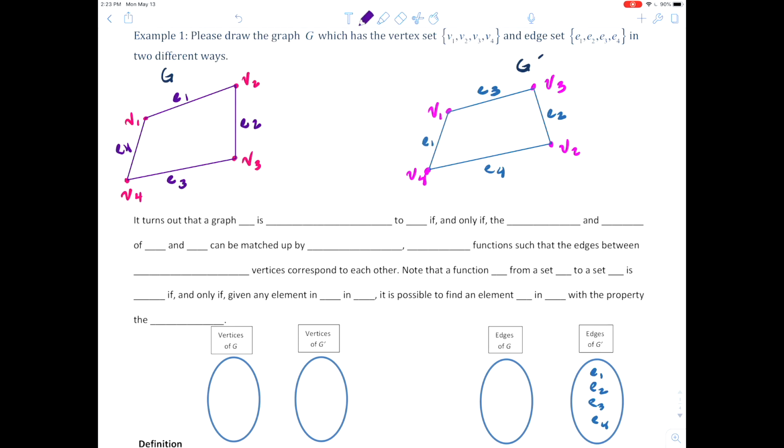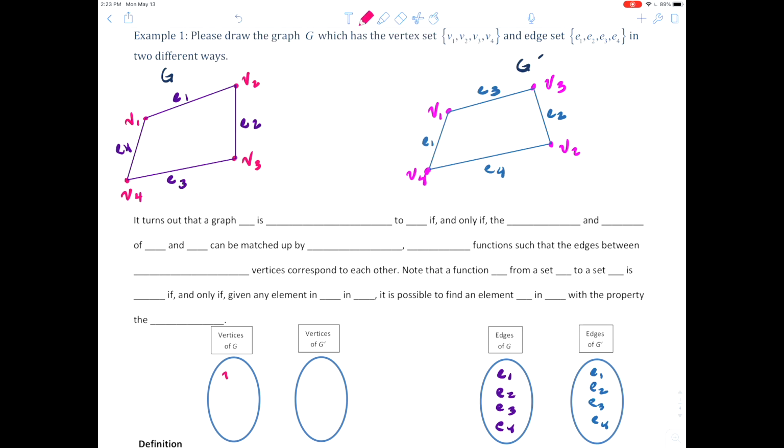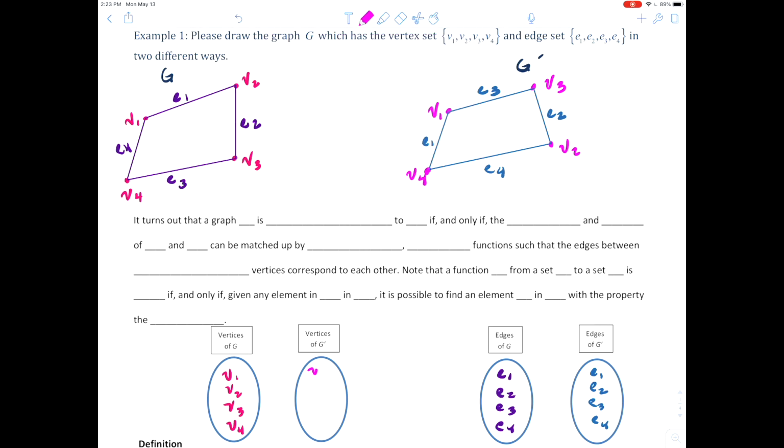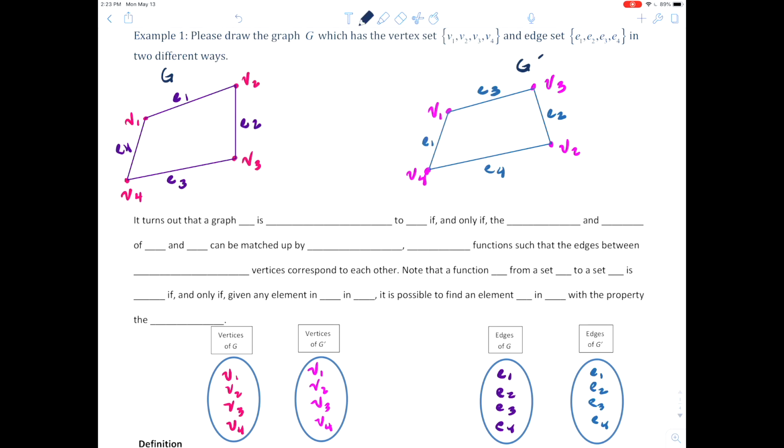I've got E1, E2, E3, and E4 from G. And then the V1, V2, V3, and V4 from G. And then I'm keeping the colors matched up, V1, V2, V3, and V4 from G prime. And let's see if there's any kind of correspondence between these. And there's more than one way to do these things, of course.